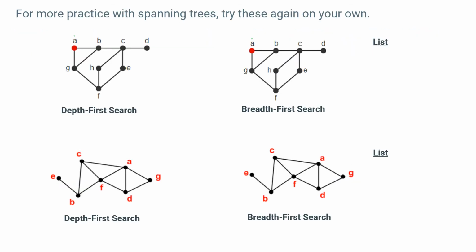Now I thought you might like some more practice in creating these spanning trees. So what I decided to do, so that you would be able to practice and yet also check your solution with the correct solution, is put these same examples that we just did on these last two slides. So here's the first two examples, and then on the last slide I have the next two examples.